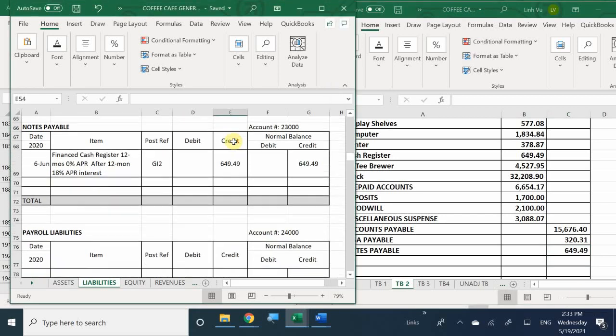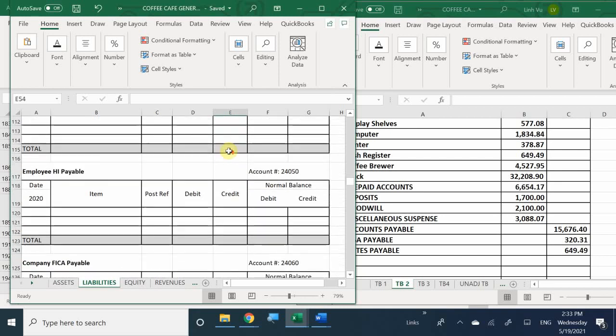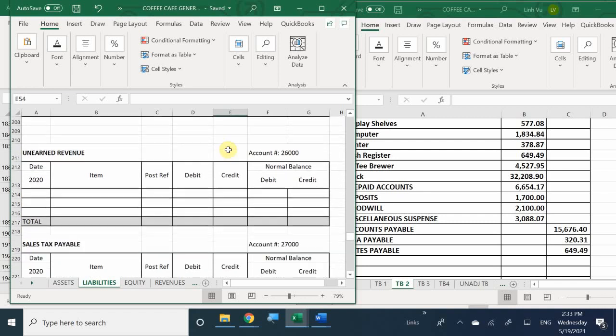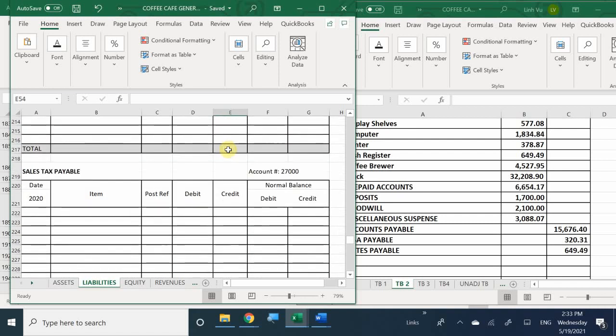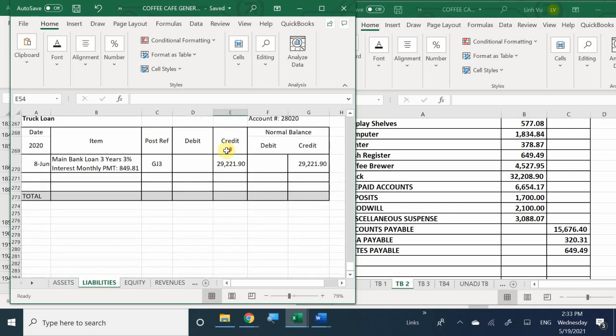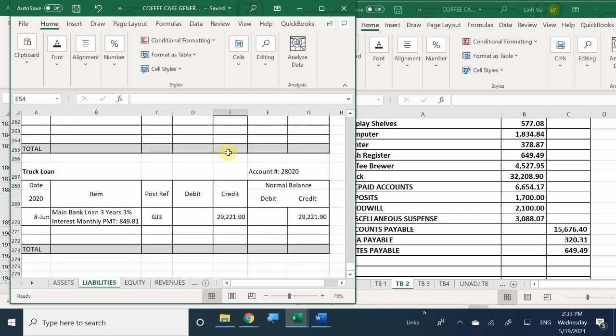And like I said, I mentioned before, we don't have any employees, so there's no payroll taxes. We haven't opened up shop either, so no sales taxes collected. Therefore, all we have left is going to be our loans. Which loan do we have? Truck.